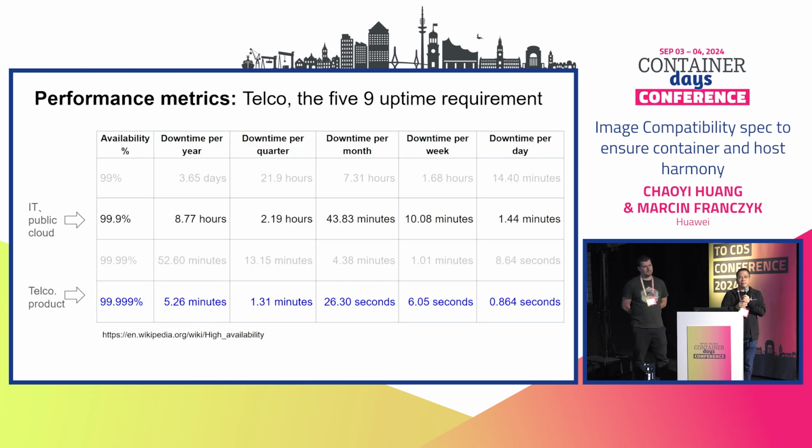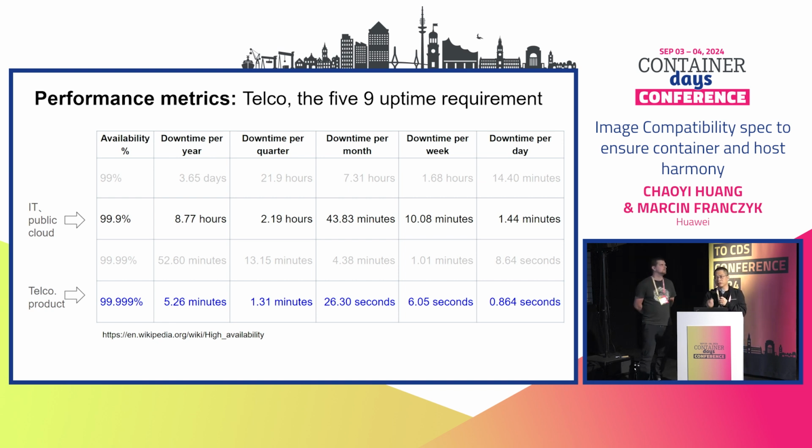For telecom applications, it's not just a one-dimension requirement. Not only latency and CAPS, you also have to consider availability. In IT, you usually just meet 3.9 availability, but for telecom applications, you have to realize 5.9.